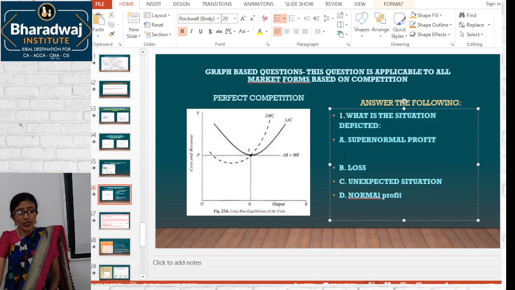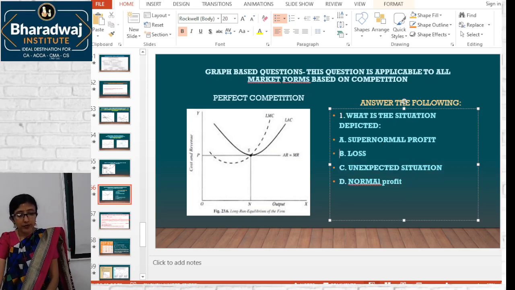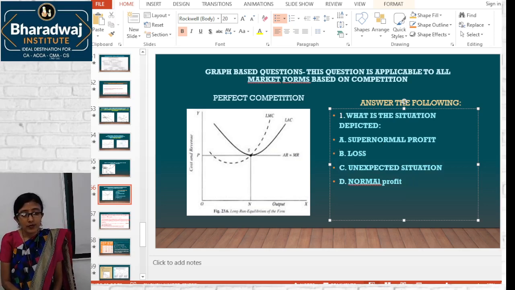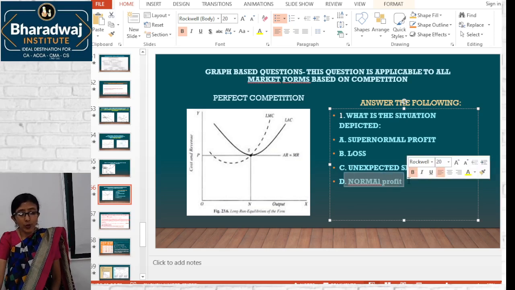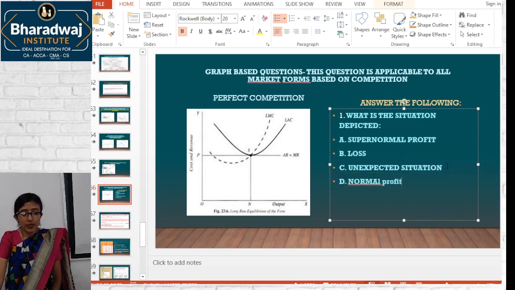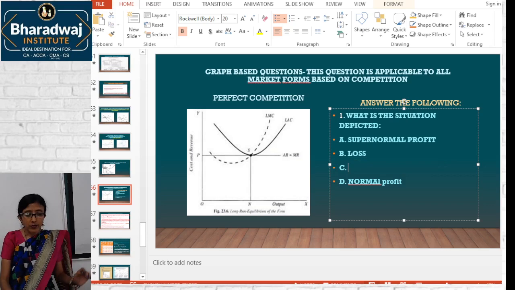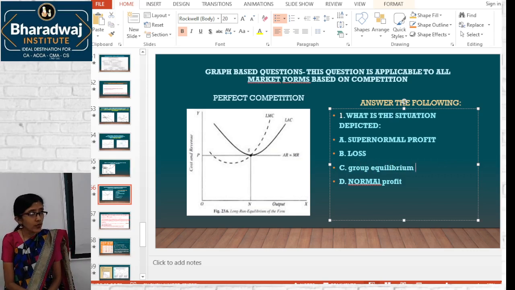What is the situation depicted? Normal profit or supernormal profit? Now, supposing there is a group equilibrium, what will you choose?